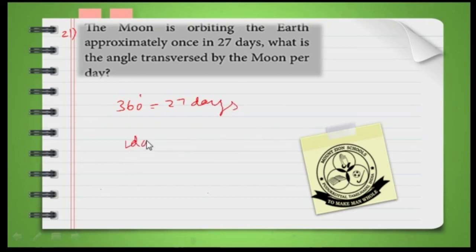So what is 1 day equal to? 360 by 27. In degrees we get 13 degree. And if you take 13 degree and minutes, 13 degree 3 minutes. Answer is 13 degree and 3 minutes. Here we won't get the dot.